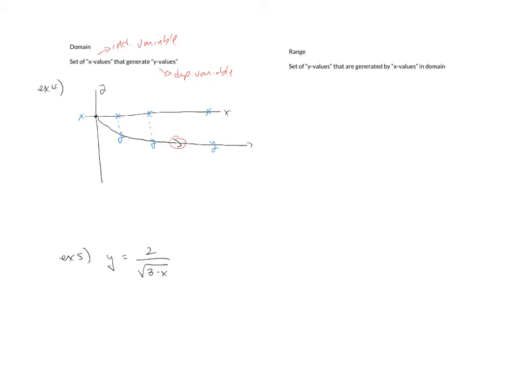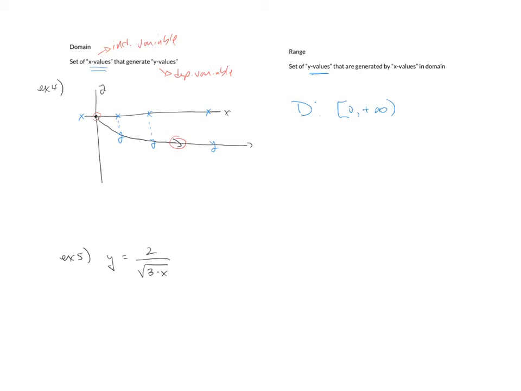So when it comes to the set of x values that are going to actually create y values, the domain of this function would actually be 0 to positive infinity. And notice the closed bracket on the 0, and that's because of the filled in circle right there. Okay? Now, in terms of the range, it would be the set of y values that are generated by the x values.